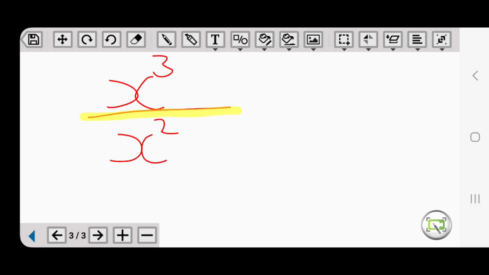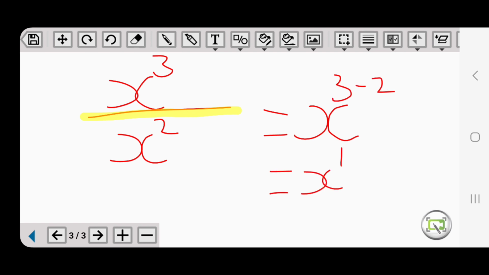The bases are the same, both an x. We are dividing, so as an answer we write down the base, then we minus the exponents. 3 minus 2 is 1. So whenever you divide, you minus the exponents.